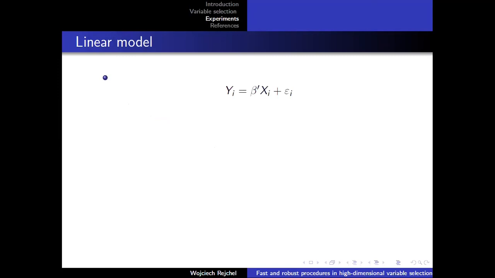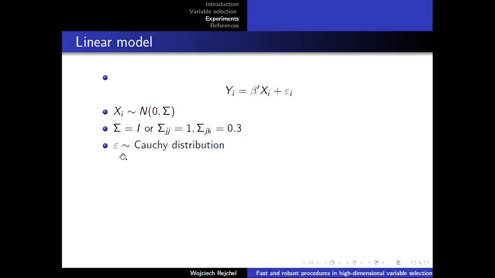So first, we assume that our model is linear. Predictors are normally distributed. They can be independent or dependent with correlation 0.3. Errors are Cauchy distributed, so there are some outliers in our model. This is the true parameter.